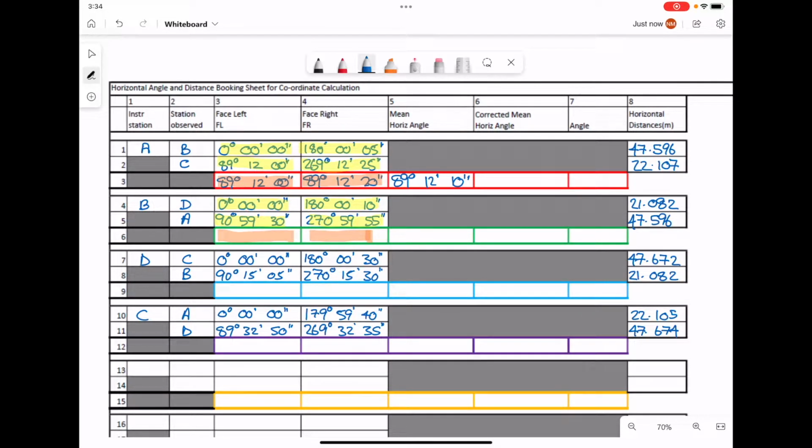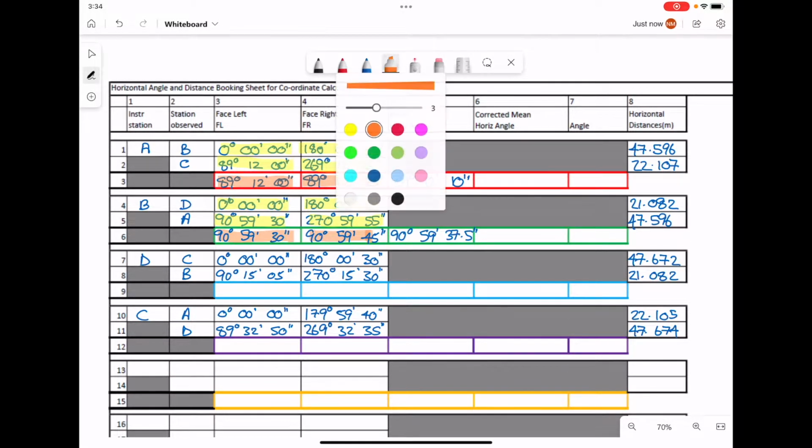In this case, we get 90, 59, 30 and 90, 59, 45. The average of those two angles is 90, 59, 37.5 seconds.